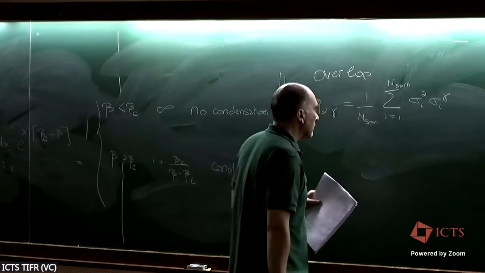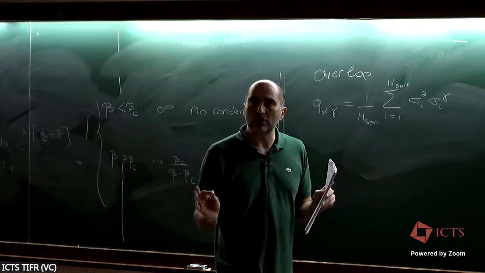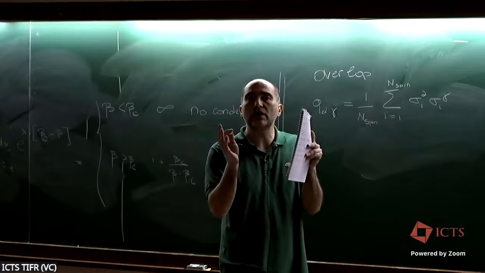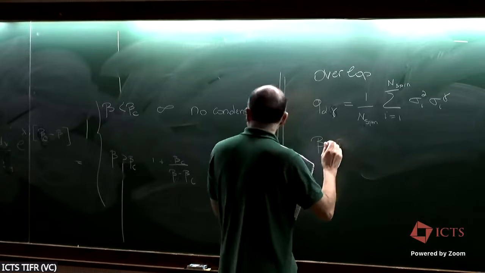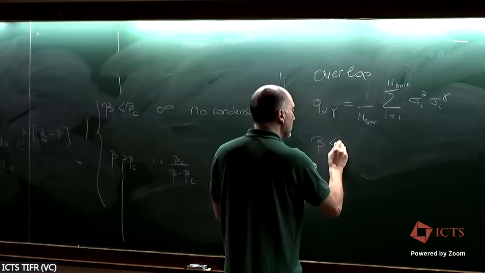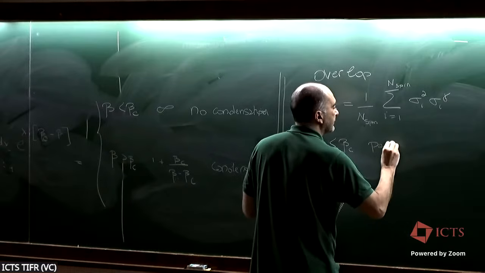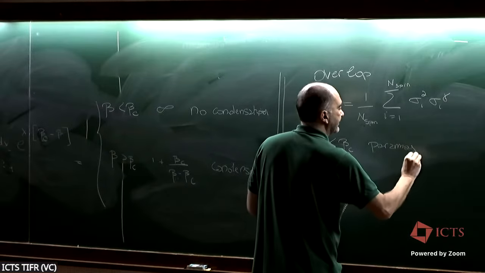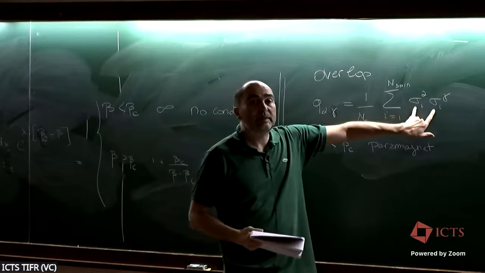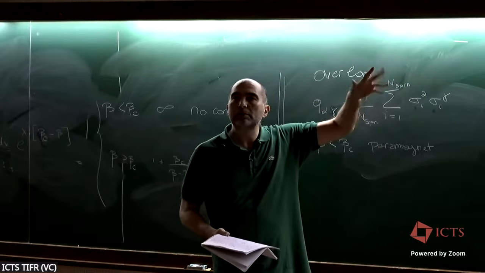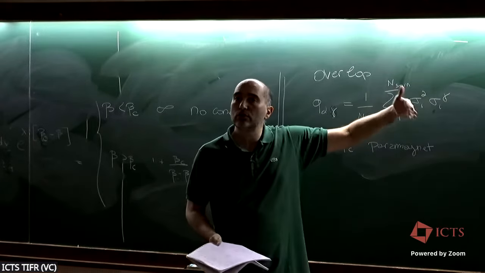So now let's imagine first the case of the Ising model. If you pick 2 configurations from the paramagnetic phase, beta smaller than beta c, if you are a paramagnet, okay, the spins are equally probably plus and minus. So this sum will be of the order square root of n.